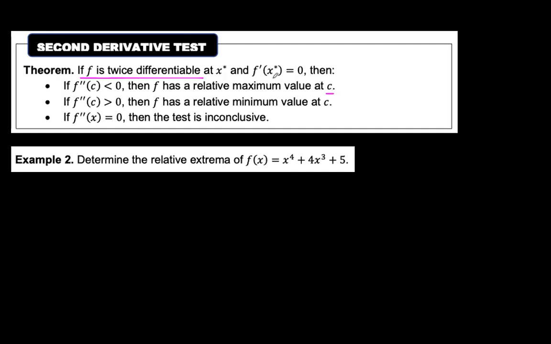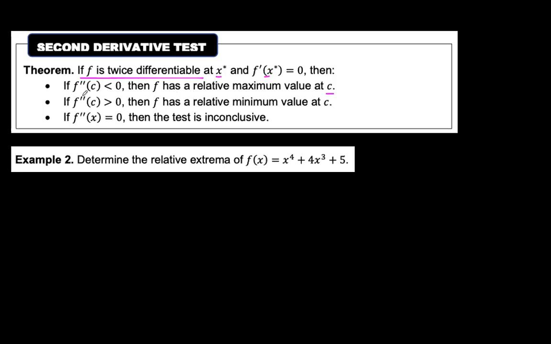Nag-c siya dito tapos x siya dito. Parang baliw lang eh. Joke lang. Di ba ang gulo niya? I hope you got the point there. Alam naman natin na differentiable siya. And f prime of x is equal to 0.